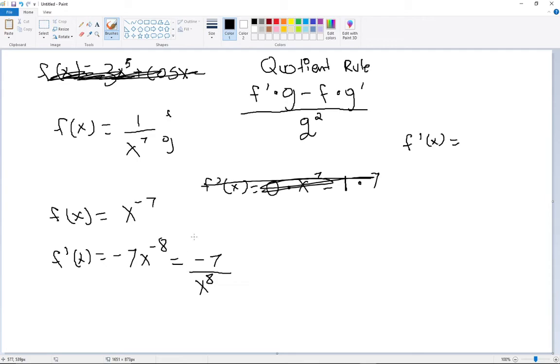When you flip it over, moving x to the negative 8 power to the bottom, it's positive, as we did on this problem. So that's another way to determine a derivative. You can either use the quotient rule or apply the power rule. Keep in mind you will have to rewrite the function.